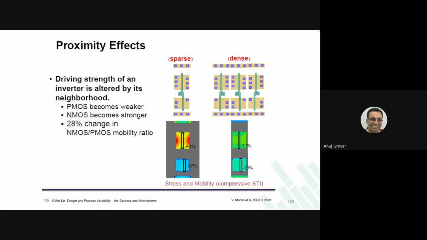Do you see this? There's a continuous active. Only at the end of my array do I see something like a contact and STI. At the fag end of the array, I see that. Everything is otherwise continuous.